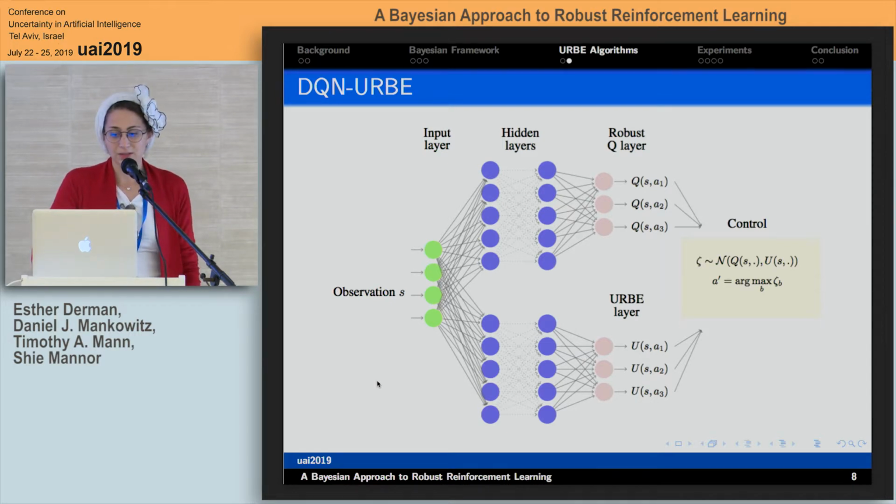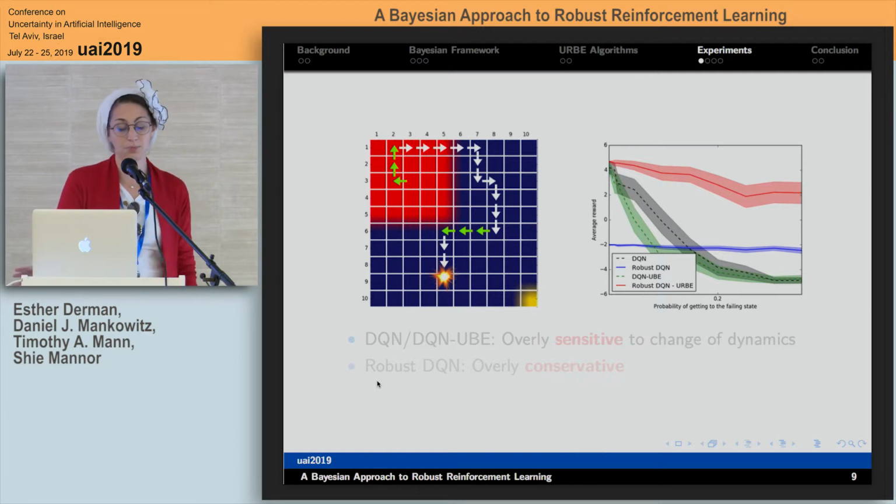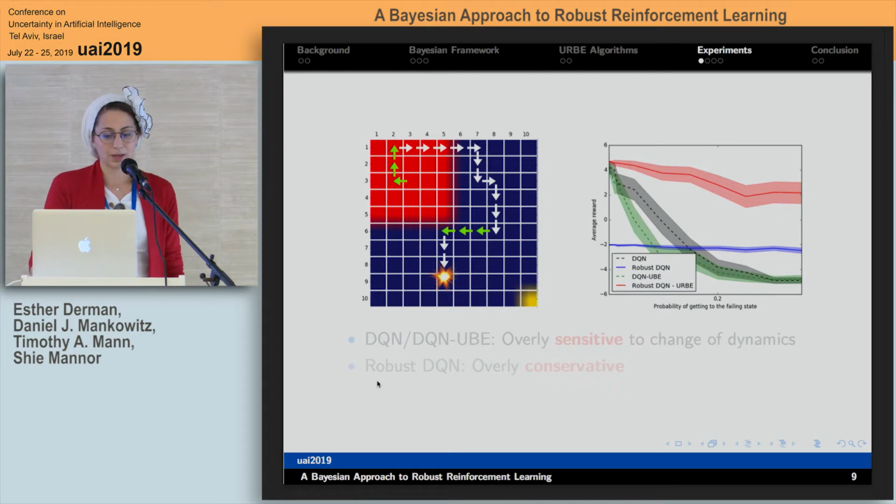We tested this on a grid world domain where the agent starts in a random state from the red zone of the grid, and at each time it tries to direct itself to the goal state, which is in yellow in the bottom right. There's a certain probability that a bomb will explode, let's say, and in that case the reward will be very negative.